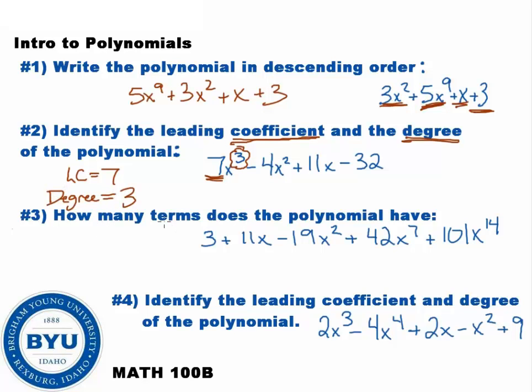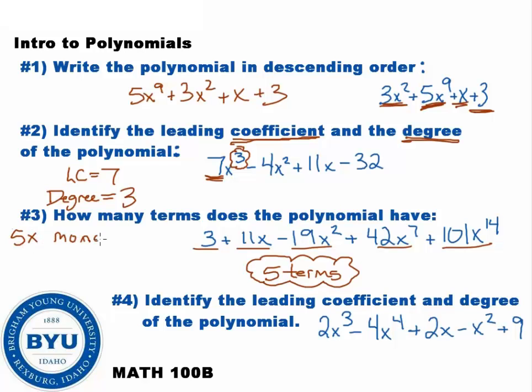Okay, good. On this question, it says, how many terms does a polynomial have? This has 1, 2, 3, 4, 5 terms. It has 5 terms. And just to let you know, sometimes we do name polynomials by how many terms they have. For example, if it was just 5x, that is a monomial. If it's 5x plus 1, that is a binomial.